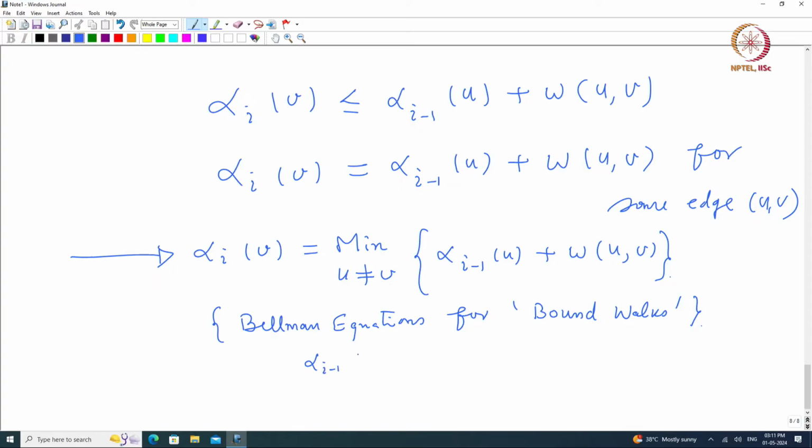So, if I have alpha I minus 1 for one vertex, alpha I minus 1 for another vertex, and so on, somewhere alpha I minus 1 U, using this I can get alpha I values.